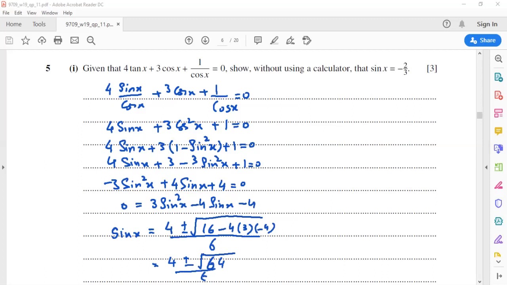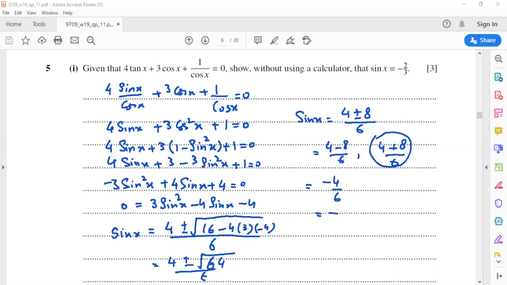And you see here that sin x is equal to 4 plus minus 8 divided by 6. There will be two values, 4 minus 8 divided by 6 and 4 plus 8 divided by 6. Since this value will go above 1, we don't take it. So we are left with minus 4 over 6, and after the simplification, sin x is equal to minus 2 over 3, which was supposed to be shown over here.